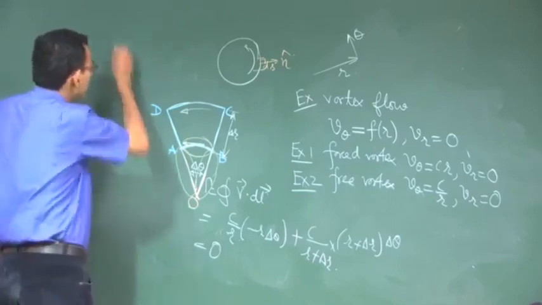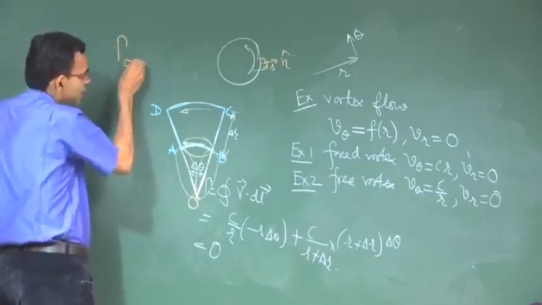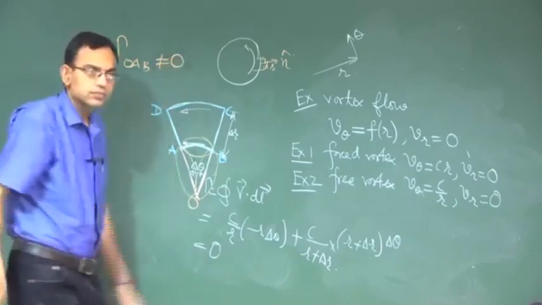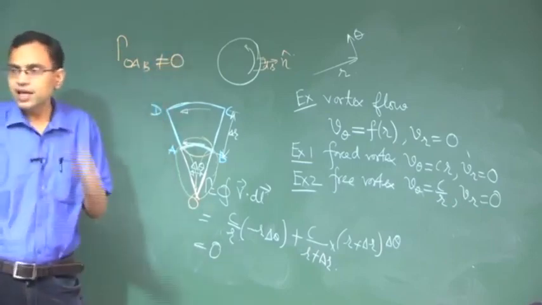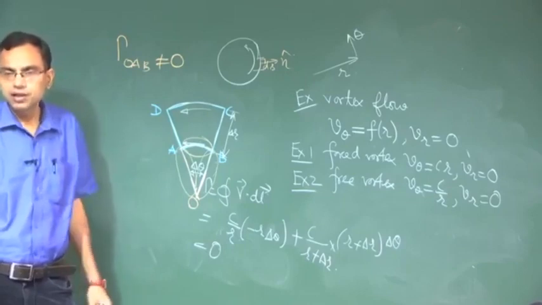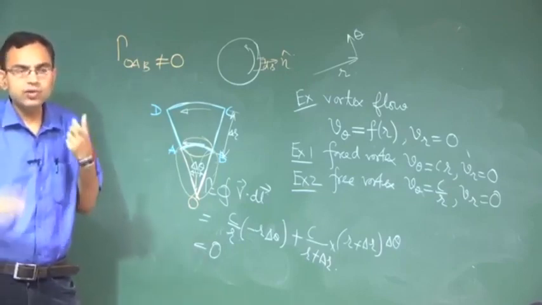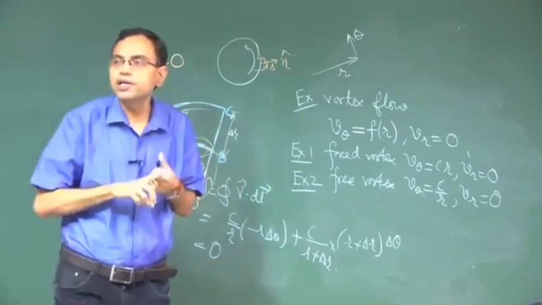So, circulation considering the path OAB is not equal to 0. This gives a false impression that the flow has some rotationality, because circulation has to be 0 for irrotational flow.